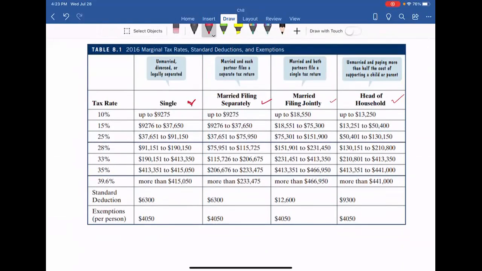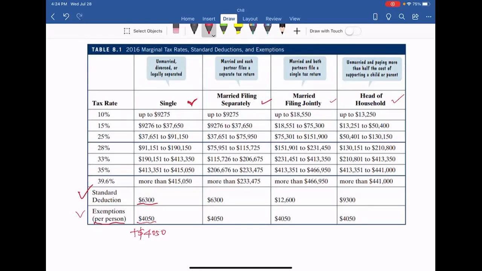For example, if you are single, your standard deduction here is $6,300, and the exemption is $4,050 per person. What's the meaning of per person? If you are single, your exemption is 4,050, but if you have a child, that's a dependent, you add another 4,050.